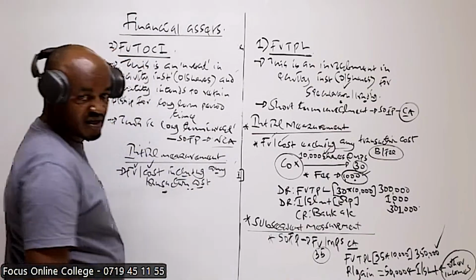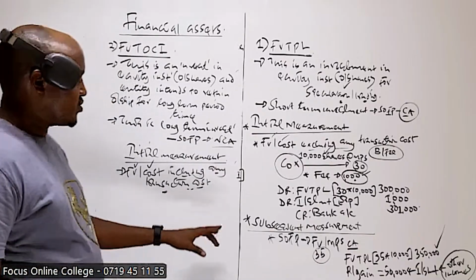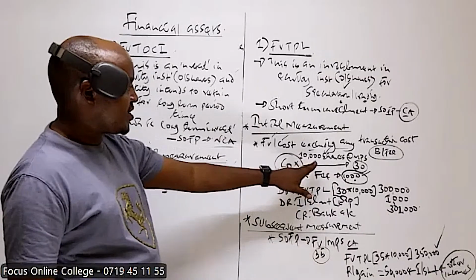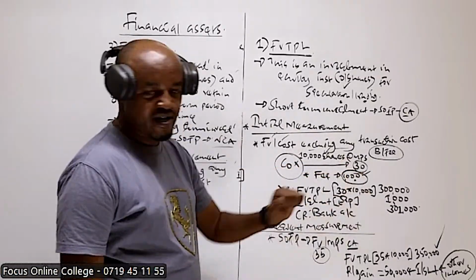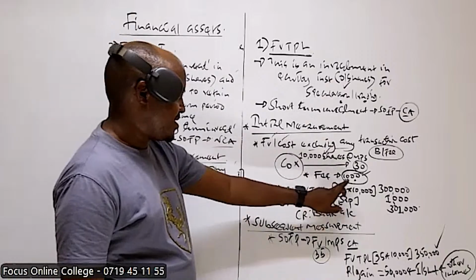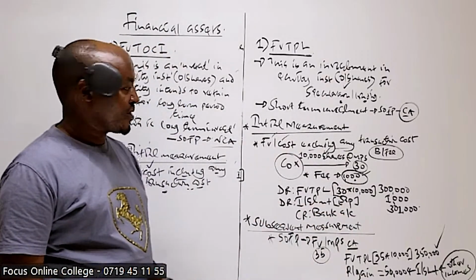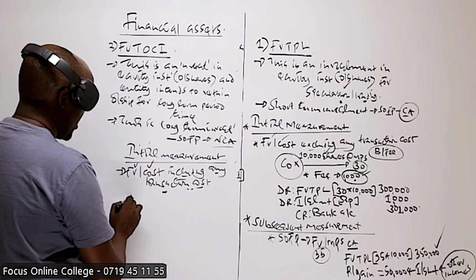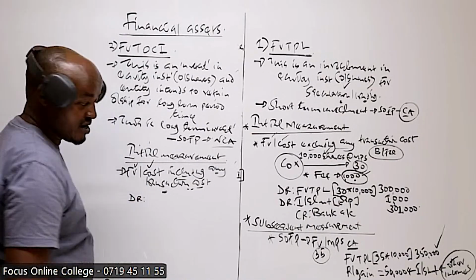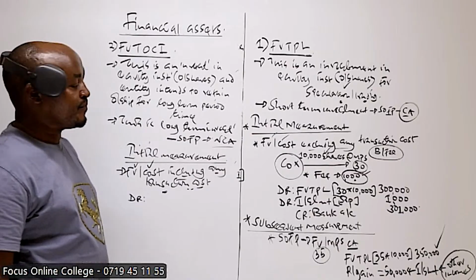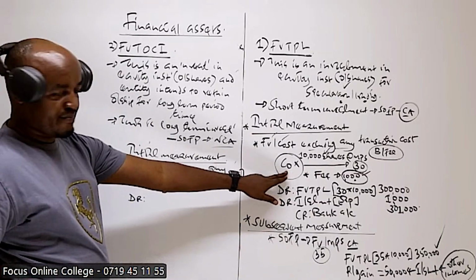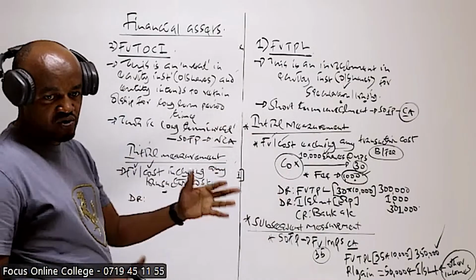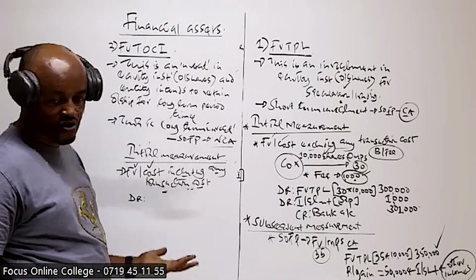Let's use this illustration. Company X has purchased 10,000 shares at a market price of 30 shillings, and the company incurred a transaction cost of 1,000. How should this company initially record that investment, assuming we are told this company acquired these shares not for speculation, but intended to hold them for a long period of time?